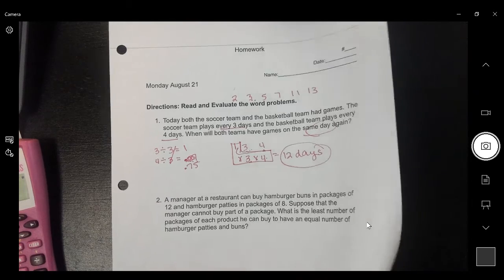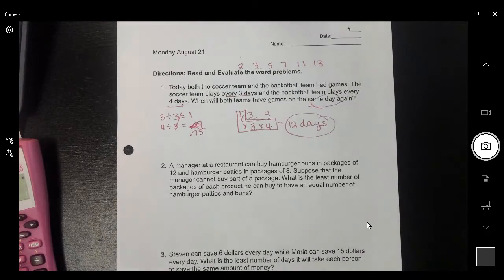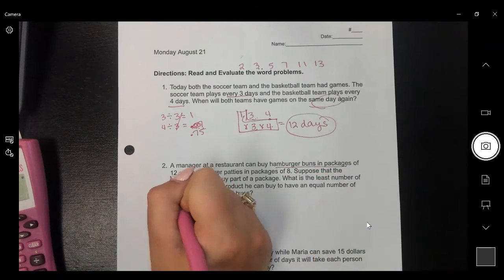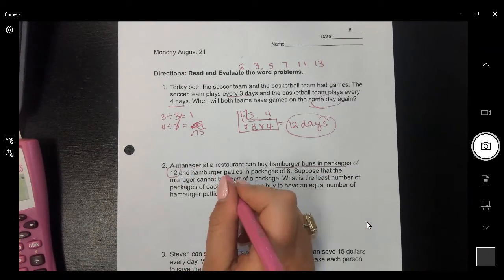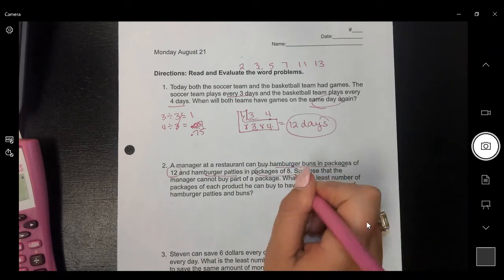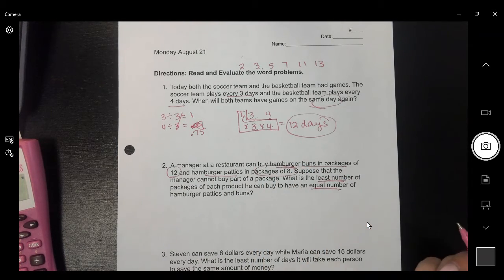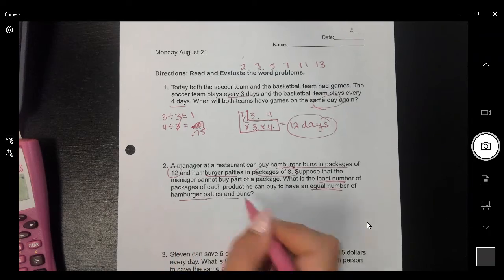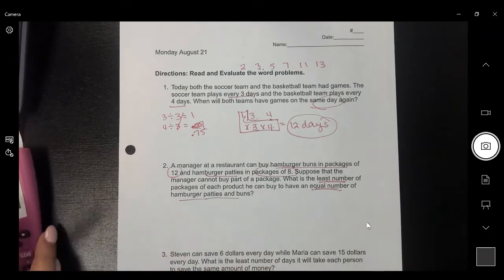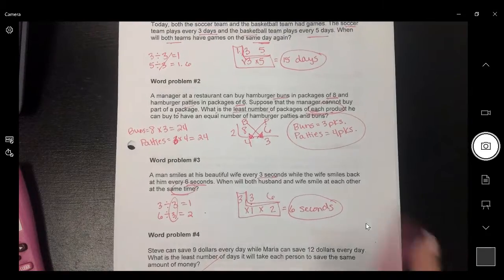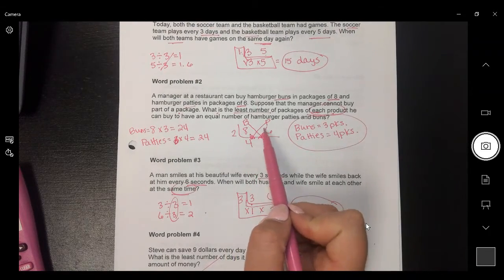All right, number 2, also very similar to number 2 on the word problems. Here we're talking about hamburger bun packages again, where they come in packages of 12, and hamburger patties come in packages of 8. We're trying to find the least number so that we can have an equal number of hamburger patties and buns. We're going to follow the same process that we did here over in number 2, where we have to label and tell how many come in that pack.